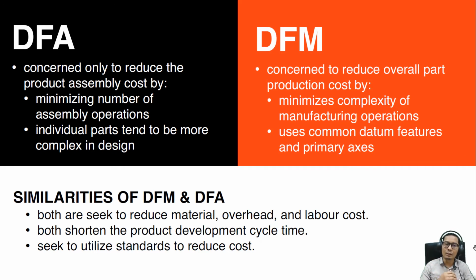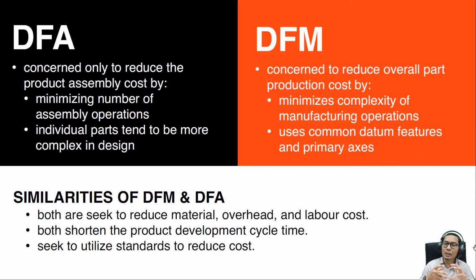There are several similarities of DFM and DFA itself. Both of these methodologies seek to reduce material overhead and also the labor cost. Both also target to shorten the product development cycle time.